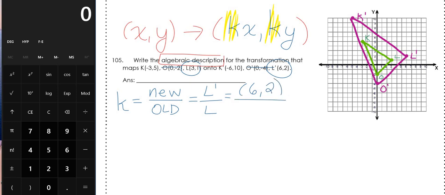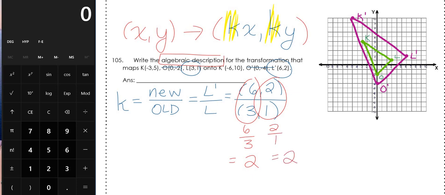L is at 3, 1. So we're going to go ahead and divide. X's and Y's should give you the same scale factor. So 6 divided by 3, that equals 2. Let's check with the Y values. 2 divided by 1, that also gives you 2.